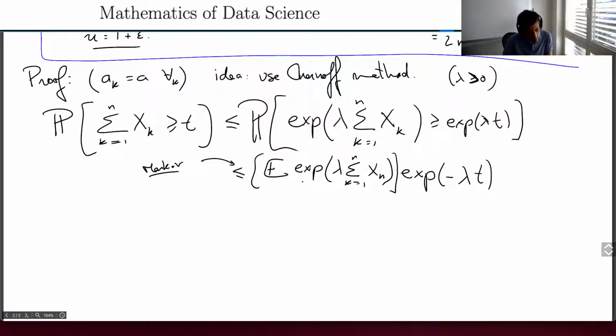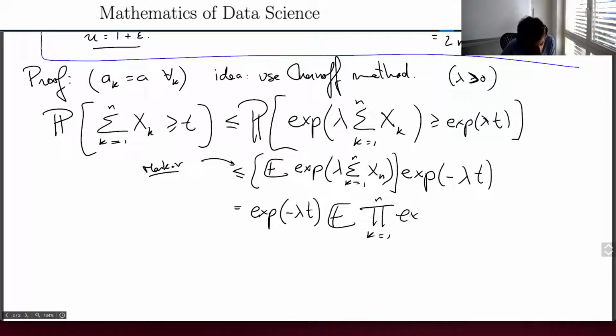Okay, but this is now the expected value of the exponential of a sum. So what is this equal to? Let's move the other term here, it's a bit nicer. The exponential of a sum is the product of the exponentials. So we get the product, k from 1 to n, of exponential of lambda x_k.